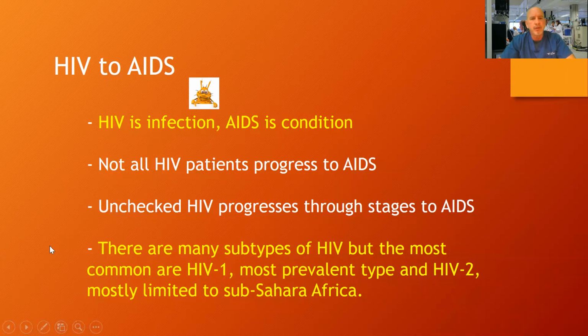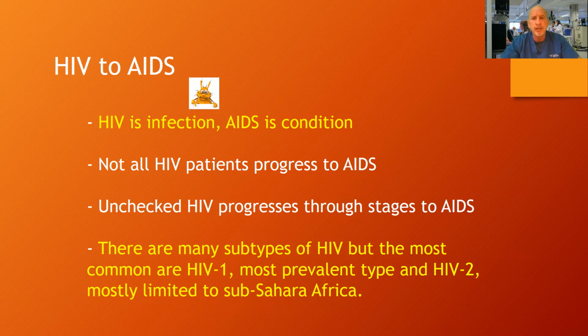There are several subtypes of HIV. The most common are HIV-1 and HIV-2. Even within HIV-1, there are subcategories like HIV-1 type M and HIV-1 type N. So there's a variety of different types, because like all viruses, like coronavirus, viruses mutate. The predominant one here in the United States and throughout most of Europe, I think, is HIV-1.